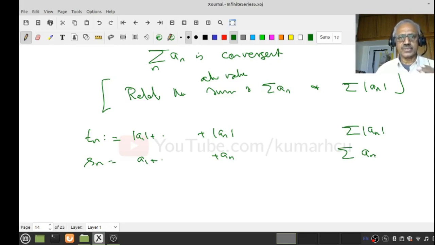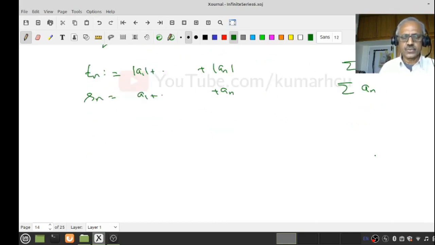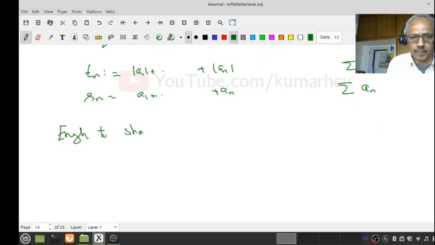I have to show the sequence of partial sums S_n is convergent. But remember, S_n is a sequence of real or complex numbers, so we have a Cauchy criterion. What does the Cauchy criterion say? A sequence of real numbers or complex numbers is convergent if and only if it is Cauchy. So it is enough to show S_n is Cauchy.